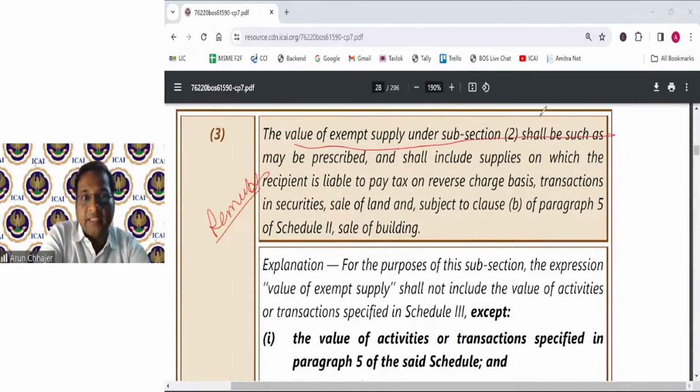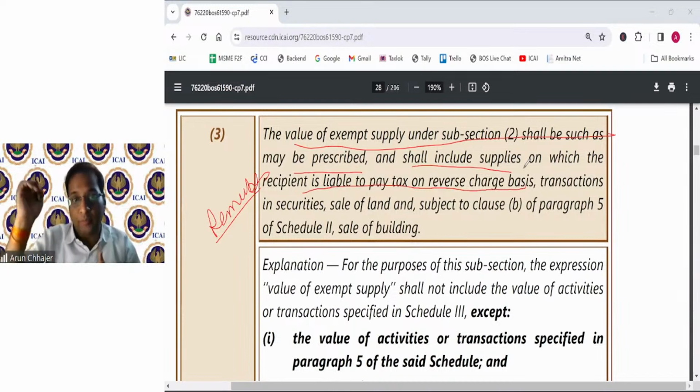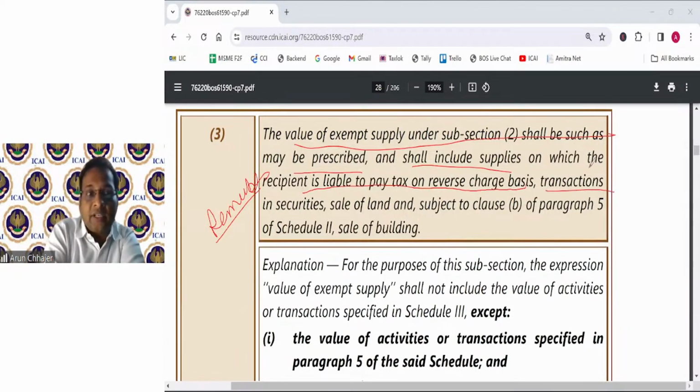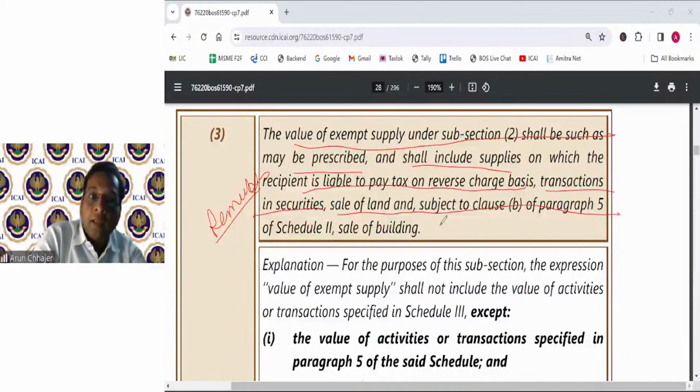Value of the exempt supply shall be as may be prescribed and shall include supplies on which the recipient is liable to pay the tax. So it is my outward supply, but you need to pay the tax. So this outward supply will be considered as exempted in my hand. Transaction in securities, sale of land and subject to clause B, para 5, Schedule 2. So in totality, I can say sale after CC, sale after completion certificate.